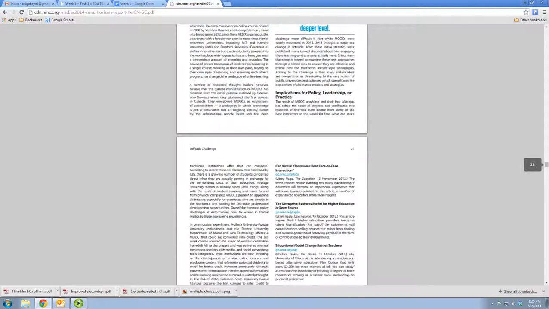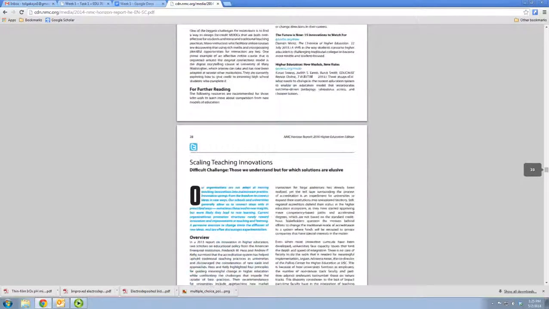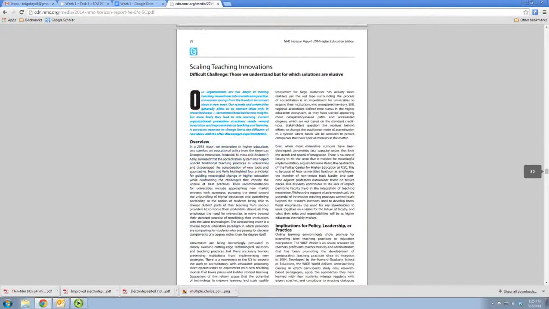So, scaling teaching innovations. Teaching innovation into mainstream practice. Innovation springs from the freedom to connect ideas in new ways.